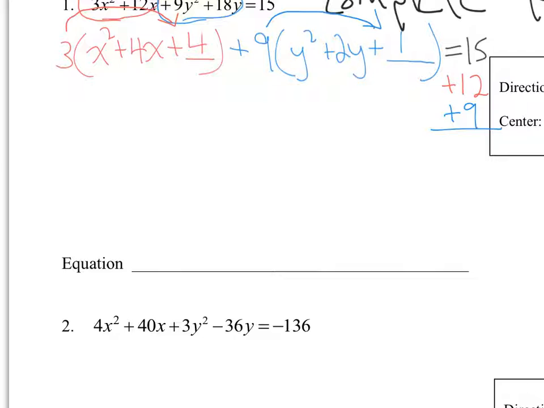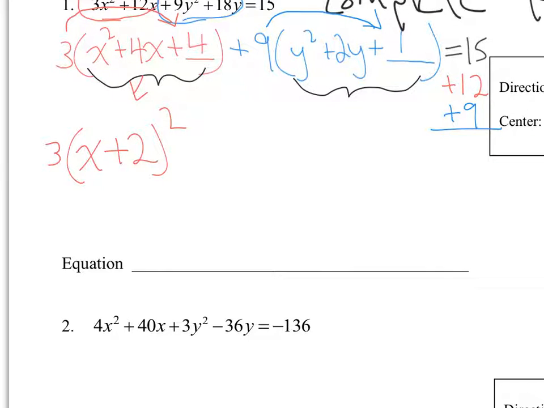Okay, we've done this. So let's go ahead and factor now, because what we have just done is we have created our perfect square trinomials. Now, I'm going to keep the 3 out in front. What does x squared plus 4x plus 4 factor to? That would be x plus 2 squared.